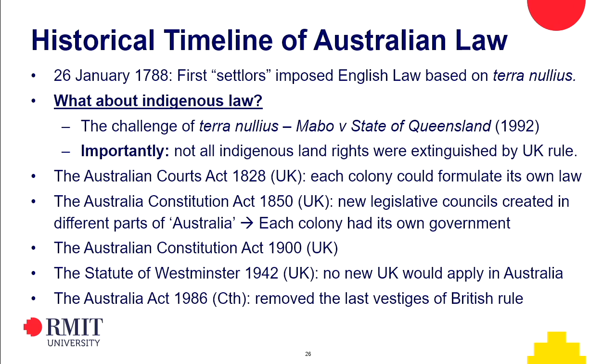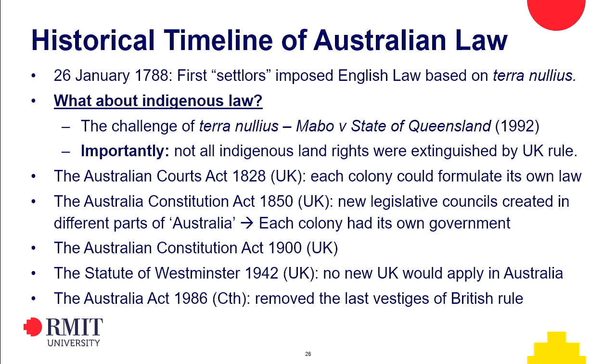So instead of being sentenced to death, the prisoner could agree to be settled in a different country or continent. So in 1788, a lot of these UK prisoners, the first settlers, came to Australia. And because they believed that the land didn't have any existing laws, they established the legal system on a concept of terra nullius, which means that because there's no laws there, the English laws are automatically transported and brought there.